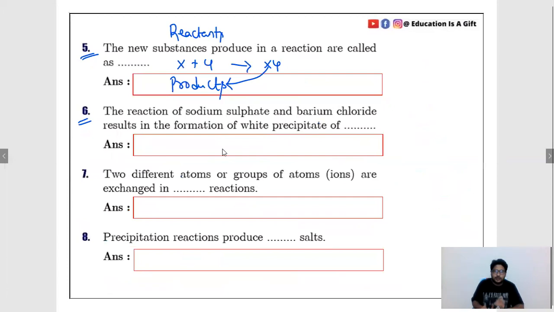Here they asked sodium sulfate Na2SO4 and barium chloride BaCl2 gives rise to NaCl plus BaSO4, formation of white precipitate of, what is that white precipitate in this? It is barium sulfate.